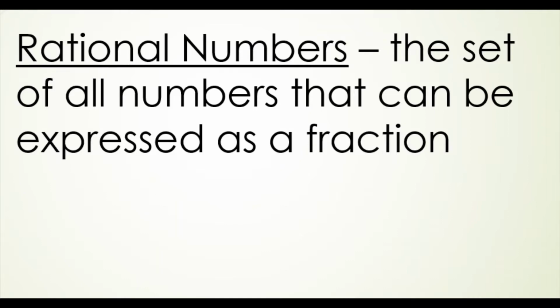So rational numbers include natural numbers and whole numbers and integers, but they also include all of the fractions in between those numbers, like 1/2, 2/5, 417/53. Anything that you could write as one whole number over another as a fraction is going to be a rational number.